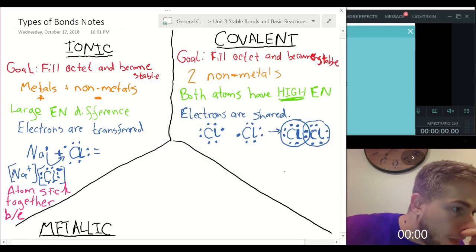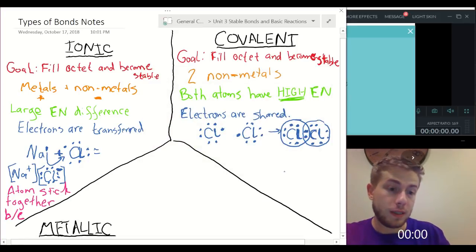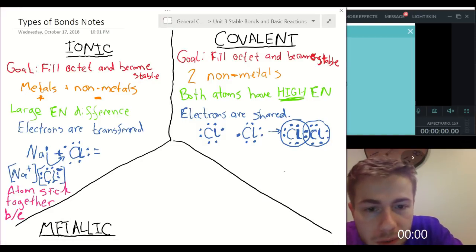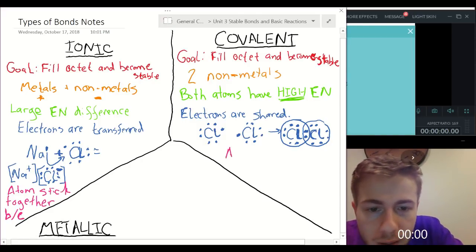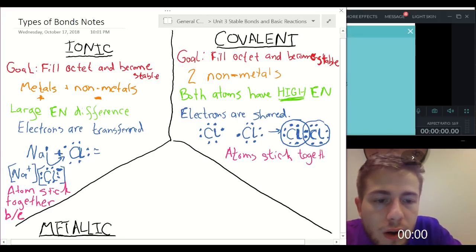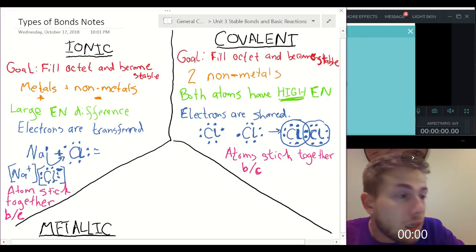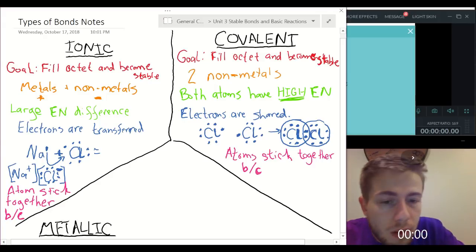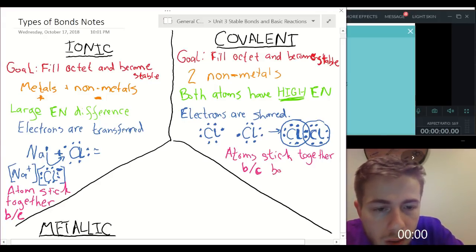The atoms stick together because they both hold on to the electrons. Neither wants to let go. So I'm going to say here they bond or stick together. Atoms stick together, I'll abbreviate because I'm out of room, because both hold on to electrons.